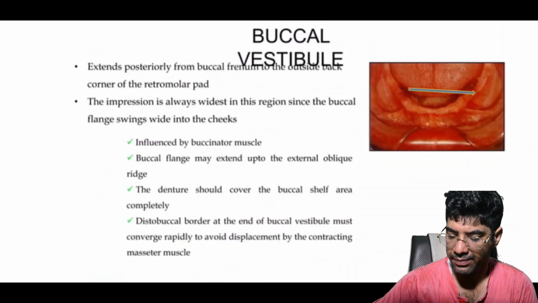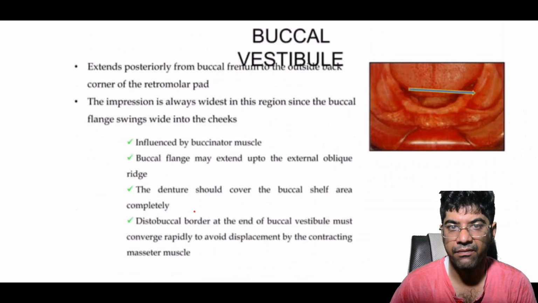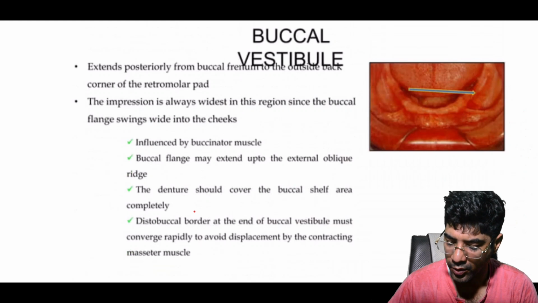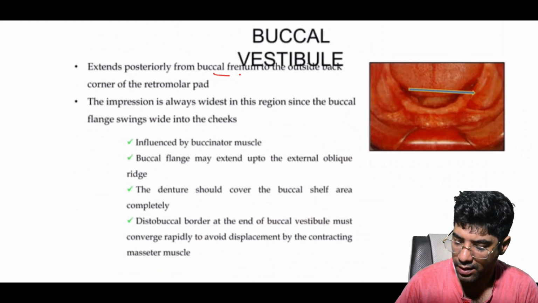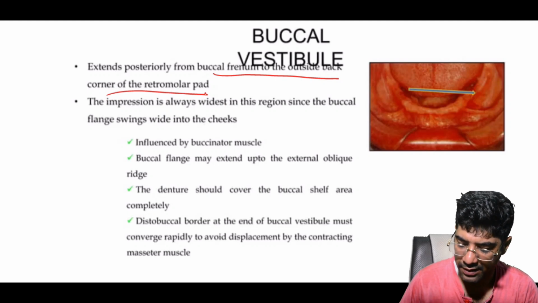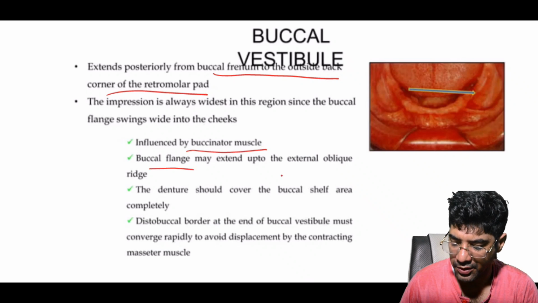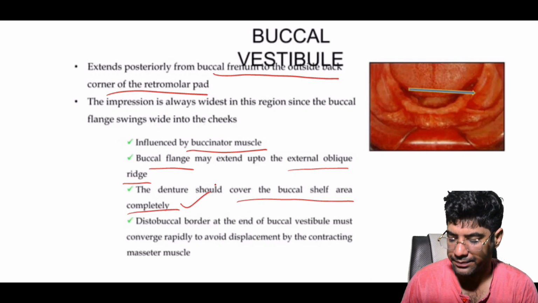Other is the buccal vestibule. The buccal vestibule extends posteriorly from the buccal frenum to the retromolar pad region. It is influenced by the buccinator muscle. The buccal flange extends up to the external oblique ridge. The denture should cover the buccal shelf area completely.